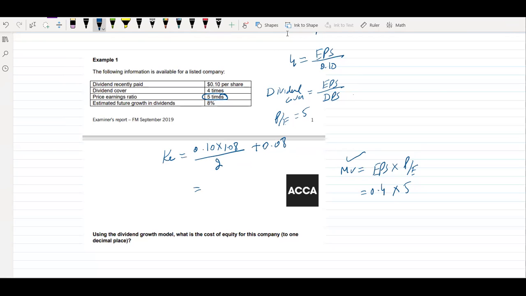Please calculate the cost of equity. 13.4% is the answer.